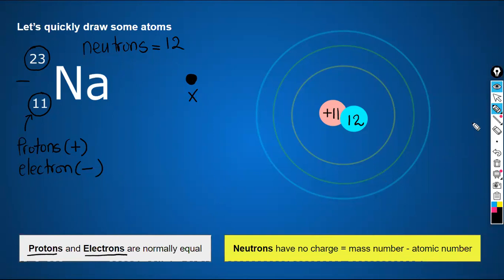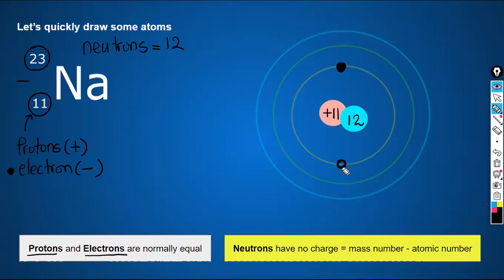Sometimes I'm going to use the dot. Sometimes I'm going to use the X. Today, I'm going to use the dot. How about that? I feel like using the dot today. Remember, it's supposed to have 11 electrons as well. Do you all remember how much the first shell can hold of an atom? The first shell, not 4, it can hold how much? Up to 2, correct. The first shell can only hold 2 electrons.